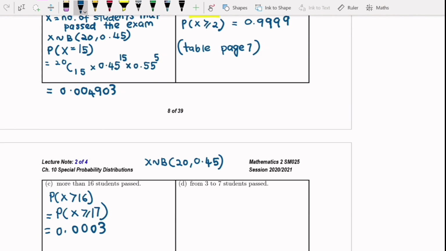Next, we need to find the probability from 3 to 7. If we have the question from 3 to 7, that means the value of x is between 3 and 7, both inclusive.